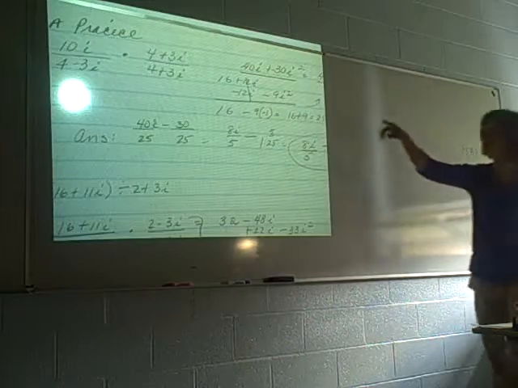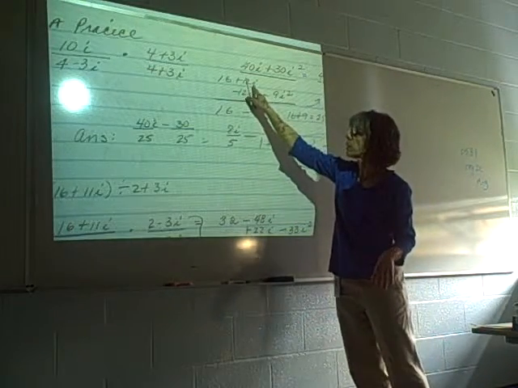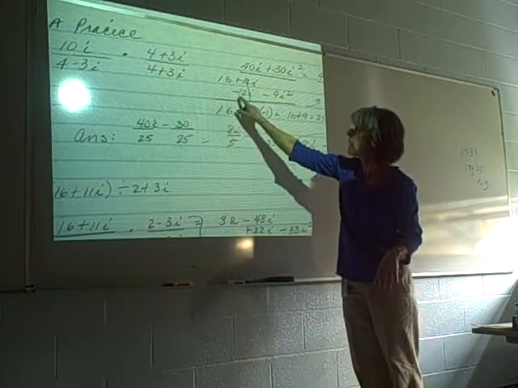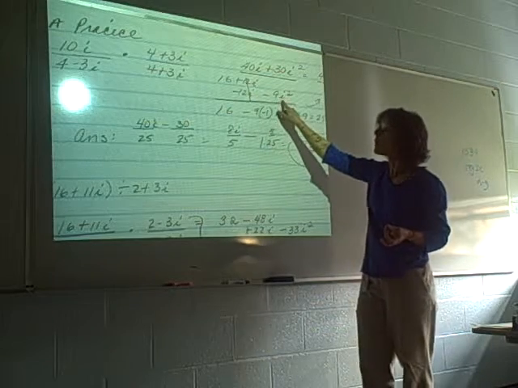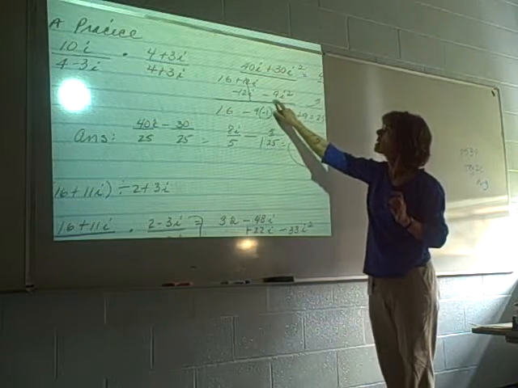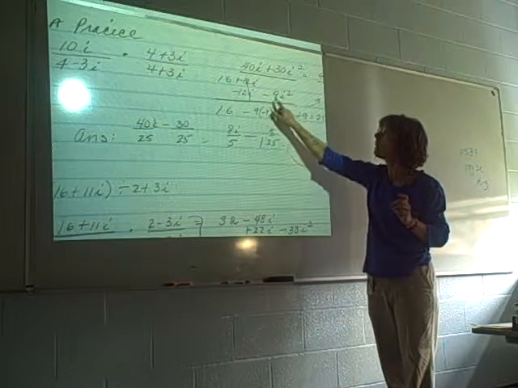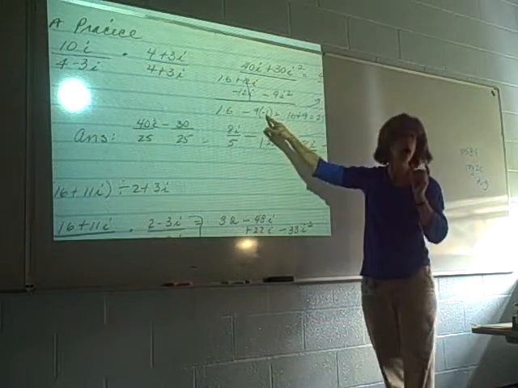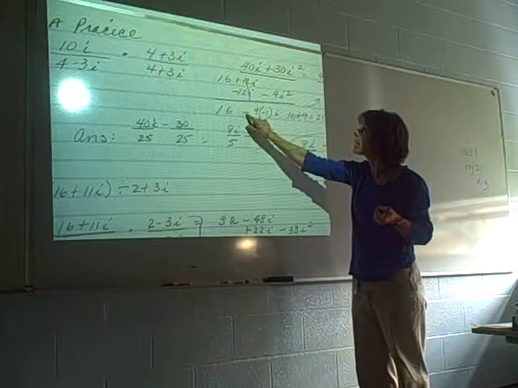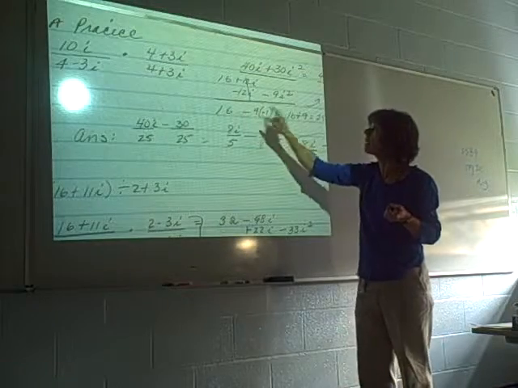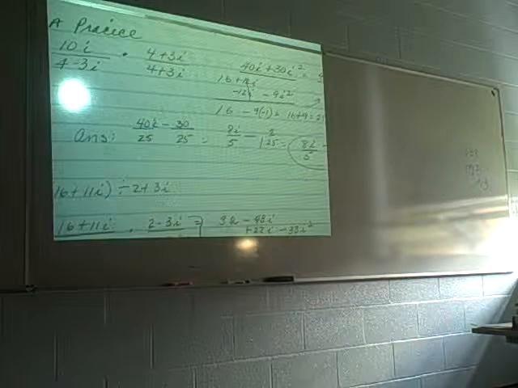Okay, so 4 times 4 is 16, 4 times a positive 3i is 12i, and then I have 4 times the negative 3i is a negative 12i, then negative 3i times 3i, and I need to be careful, is a negative 9i squared, and what does i squared equal? Negative 1, and a negative times a negative makes this a positive. Okay, so you just need to be careful. It's very easy to make a mistake there.